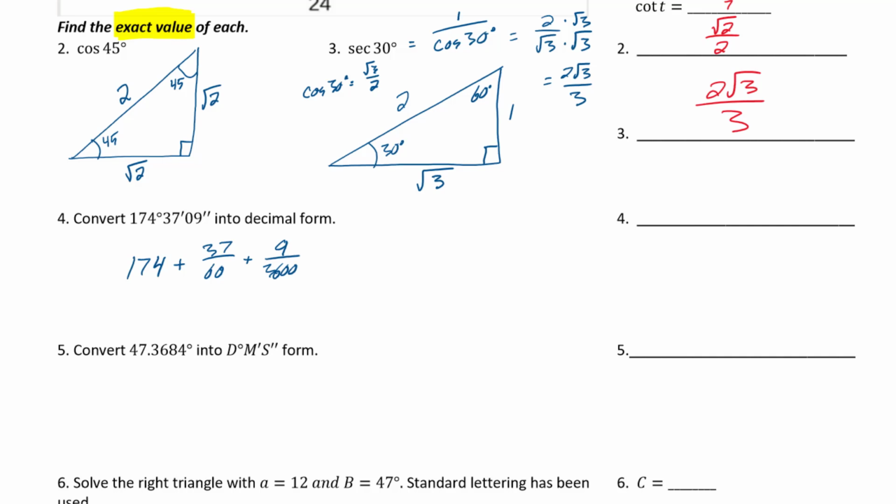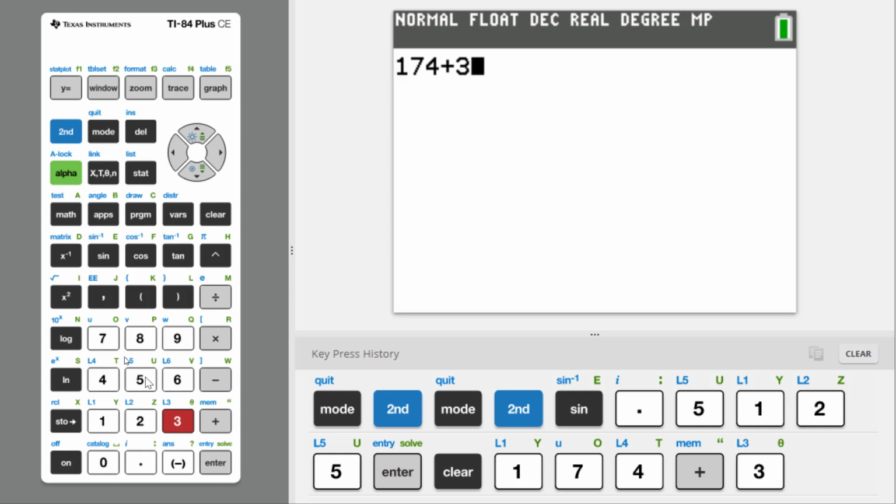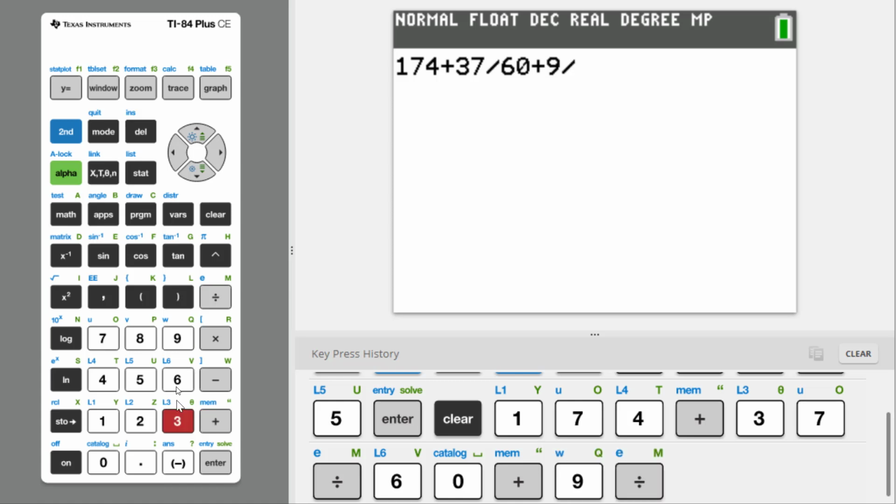So from here, it would just be typing it into the calculator, which I'll go ahead and demonstrate for you, at least on a TI-84. So we would again have the 174, that I would then add the 37 over 60, added with the 9 over 3600.